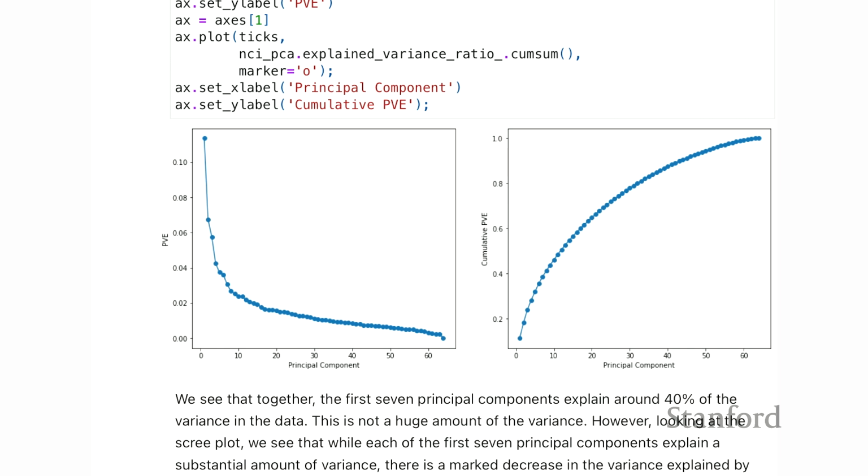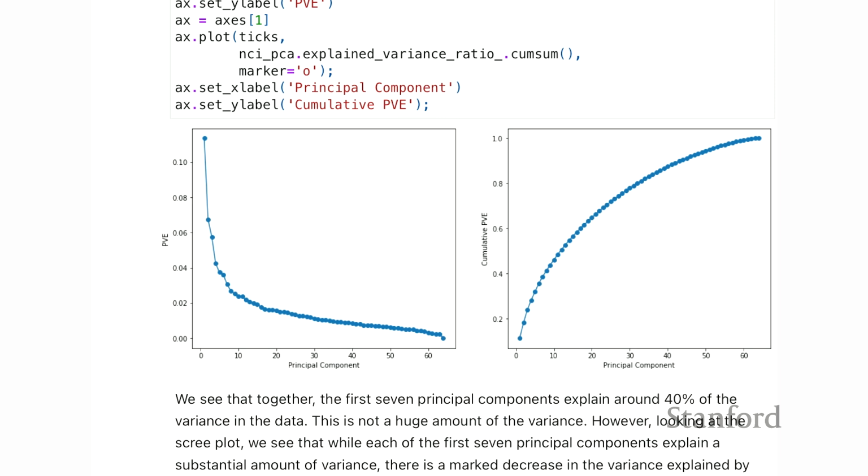But the way people often choose the number of components is by looking at a plot like this. This is called a scree plot, and people will look for some break, some bend or elbow, as a way to choose the number of principal components. There's a lot of discussion these days about how to do this in a theoretically justified way, but practically speaking, I might suggest taking maybe 8 or 9.